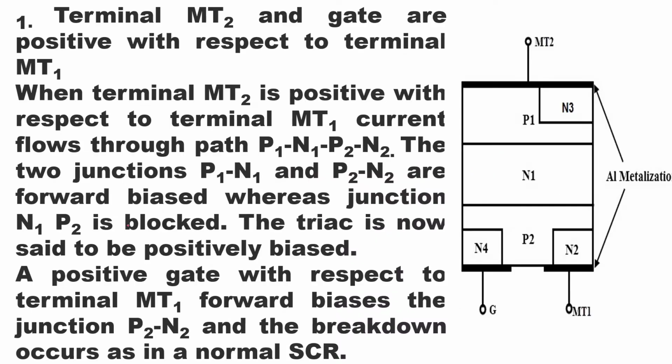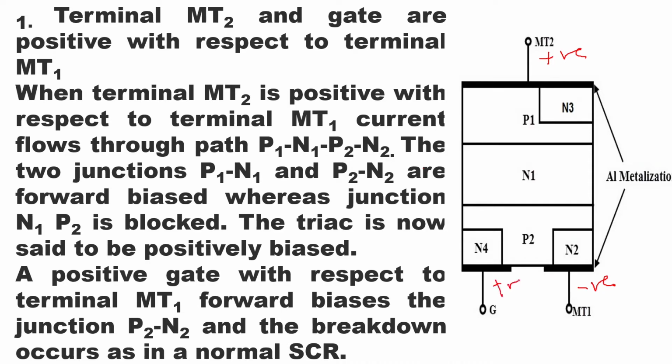Clear? Then you can see here in mode 1, terminal MT2 and gate are positive with respect to terminal MT1. The main important thing to remember here is when MT2 is made positive with respect to MT1, MT1 is negative, and your gate terminal is positive.